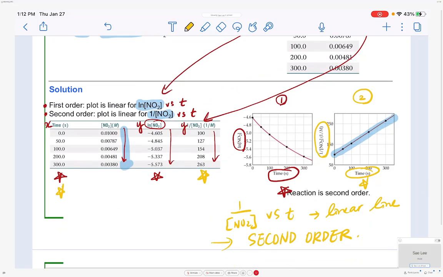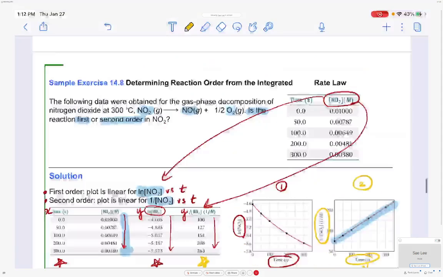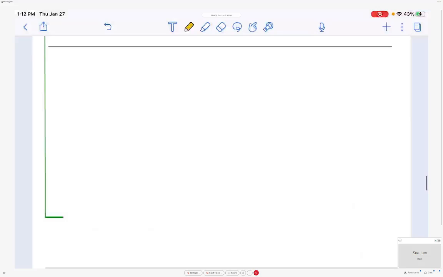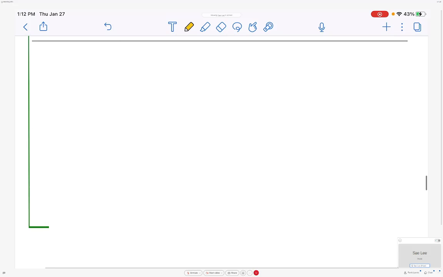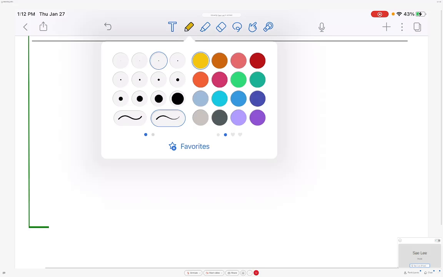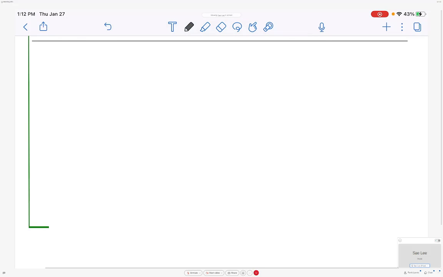Okay, so let me quickly summarize whatever we learned from Tuesday, because it seems like we covered a lot, and it might be confusing for a lot of you. The first thing that we have learned is zero order reaction.